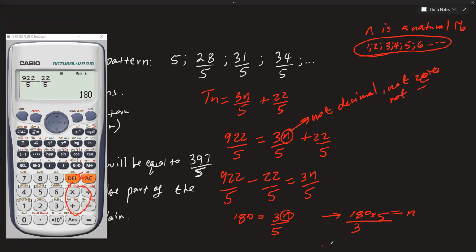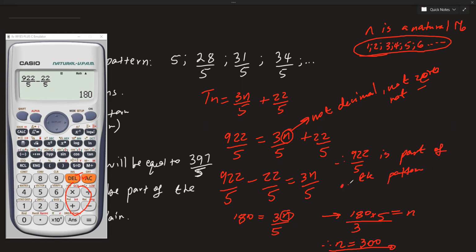And then if you press a calculator, n must give you 300, right? N must be 300. Then you're going to say, therefore, 922 over 5 is part of the pattern.